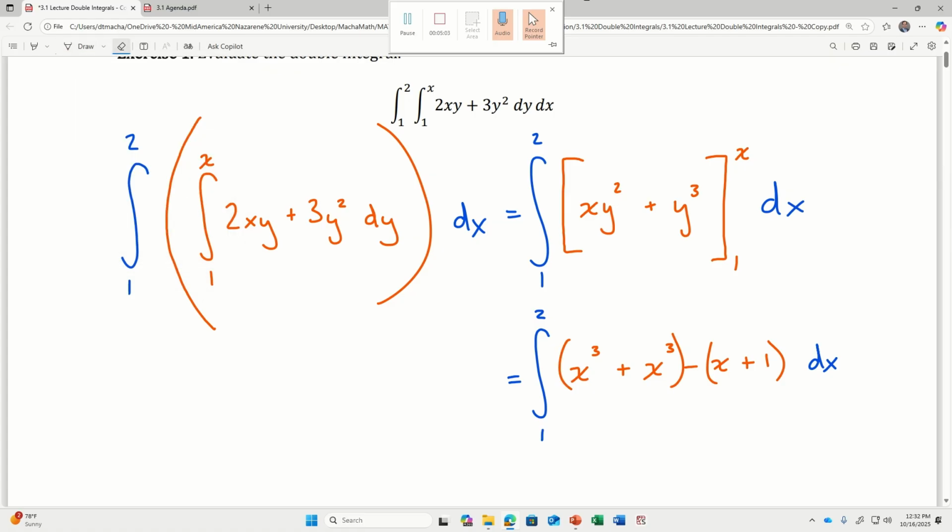Again, since that orange integral in the middle was integrating with respect to y, whenever I plug in the upper bound and lower bound of that integral, I only replace the y variable with the upper bound and lower bound. I do not mess with or replace the x variable.